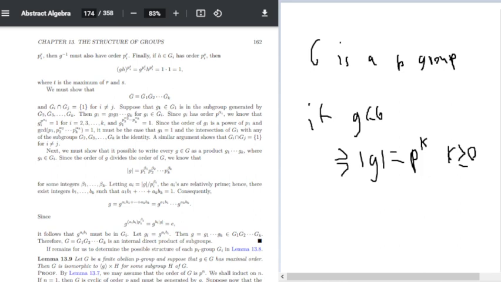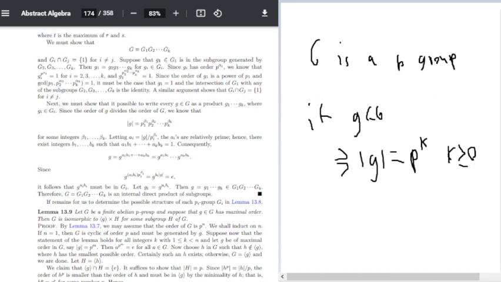So the only way that's possible is if they're the same thing in the first place, or if one of them is 1 in the first place, because then they're technically coprime, and they still follow that relation. And the only way for an element to have order 1 is for it to be the identity. That's functionally what this is saying. It's just in a bunch of technical jargon to make sure that everything actually clears out. And this is basically because we can replace g1 in the argument with any other thing.